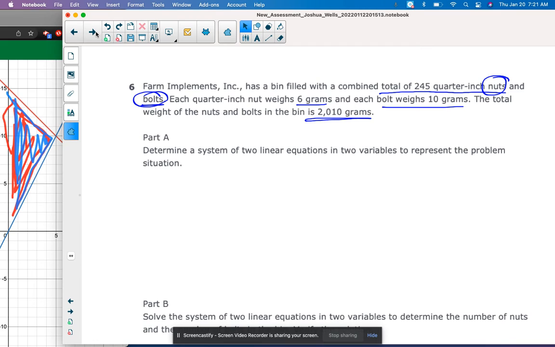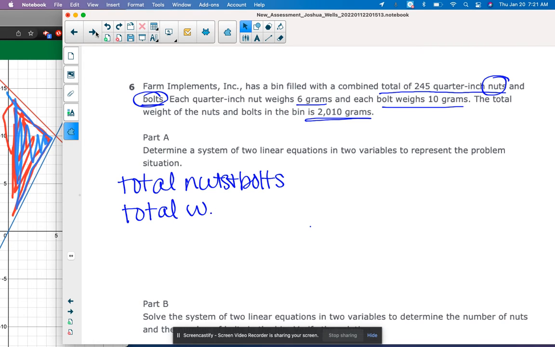And the two things that we're talking about here is total nuts and bolts, and the other one that we're talking about is total weight. And they don't define the variables for us, so we're going to use x and y.